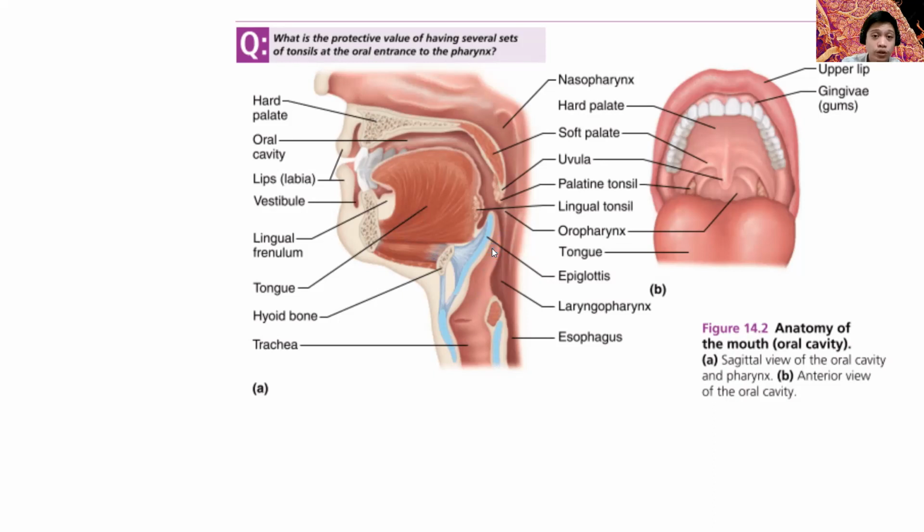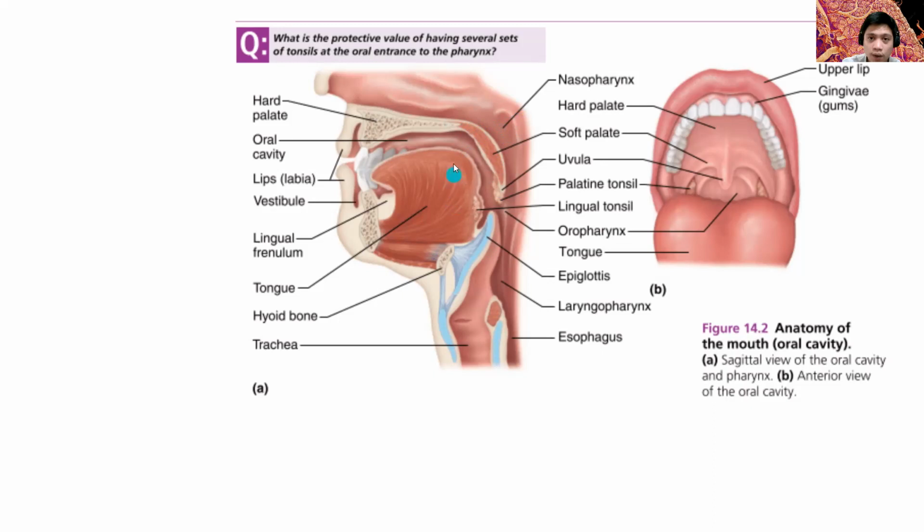So how does swallowing occur? Your tongue should go up, okay? Your soft palate, which contains the uvula, should go up and close this portion.